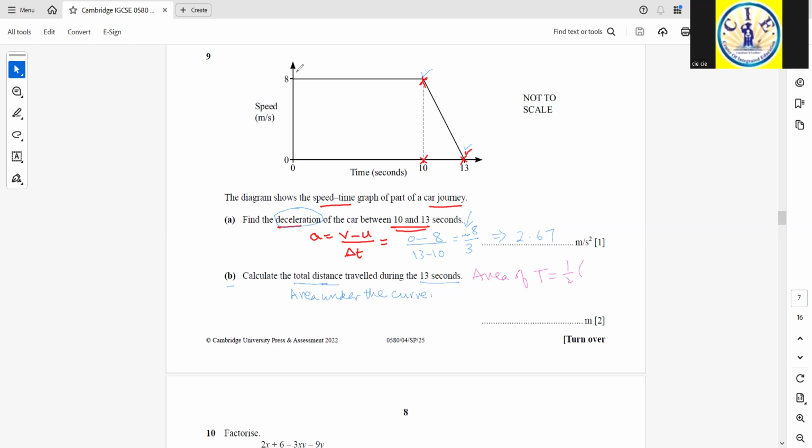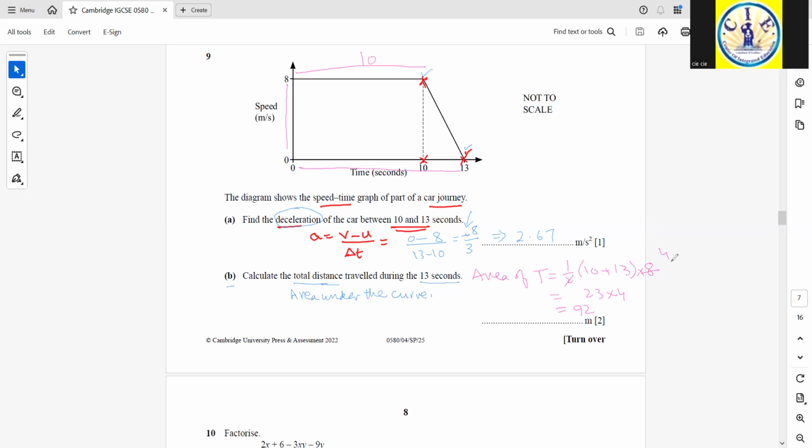The parallel side 1 is here, having a length of 10, and the other side is this, having a length of 13. So 10 plus 13 times height. The height is the perpendicular distance between the parallel sides. In this case, it is 8. So solving them out, 23 times 4, that is 92 meters.